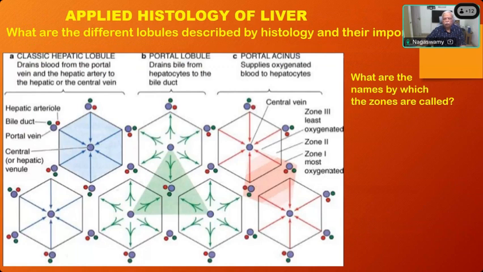They receive the most oxygen, and they have the highest metabolic activity of digesting our fat, glucose, proteins, everything. Then cells situated a little away are called the zone 2 cells, which receive less oxygen compared to zone 1. And the third group of cells, situated in zone 3, receive the least oxygen.